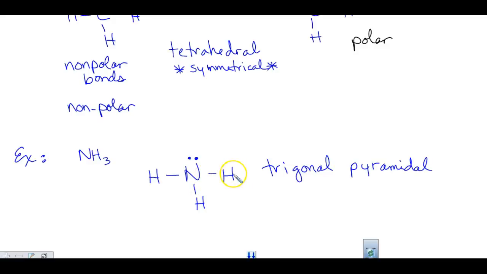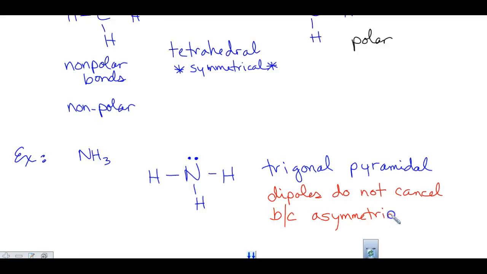And therefore, the dipoles do not cancel, because of asymmetrical geometry. So we've got identical dipoles, but the arrangement does not allow them to cancel out.